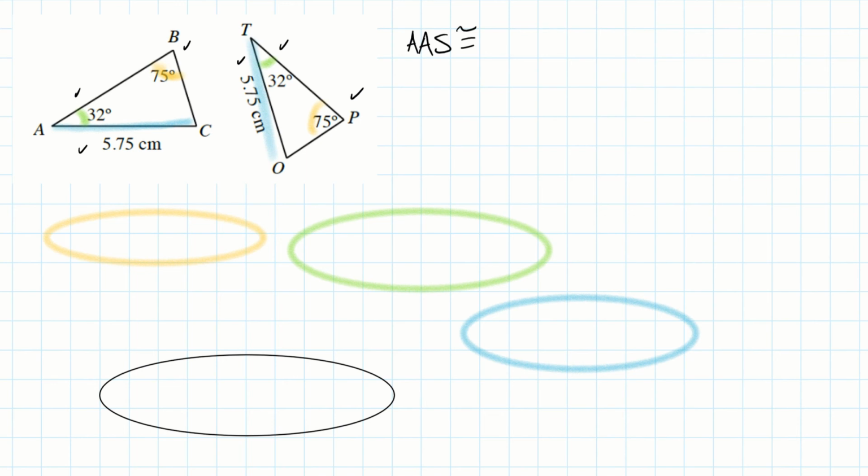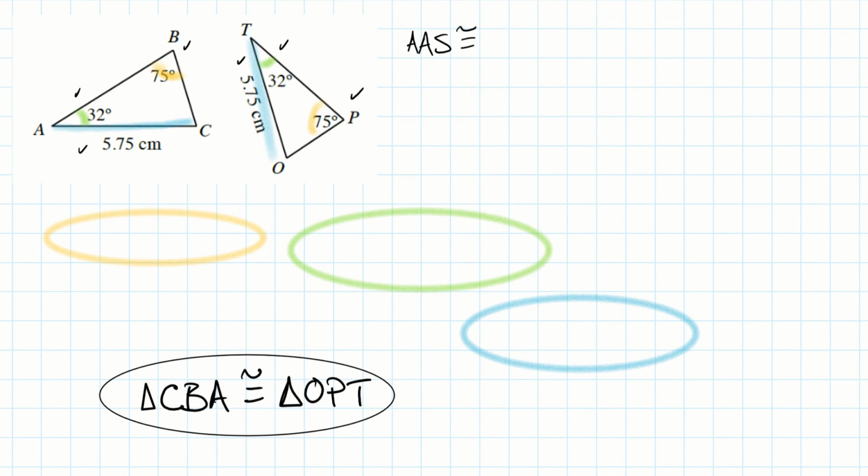So in the end, I want to say that triangle CBA is congruent to triangle OPT. And you'll notice as I'm doing this, angle B and angle P are both the 75-degree angles.